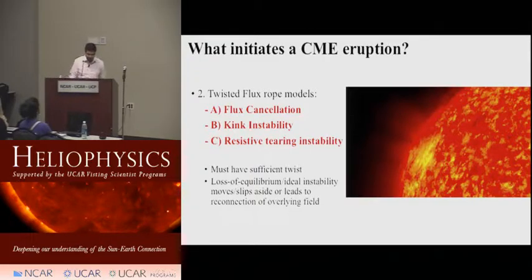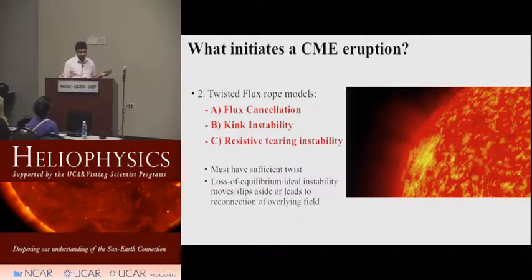So section 2, after looking at the sheared arcade idea, is the twisted flux models. Here I'm going to very briefly talk about three general ideas: a flux cancellation type version, kink instability, and resistive tearing instability. The instabilities we heard about earlier, so I'm going to skip through most of that.